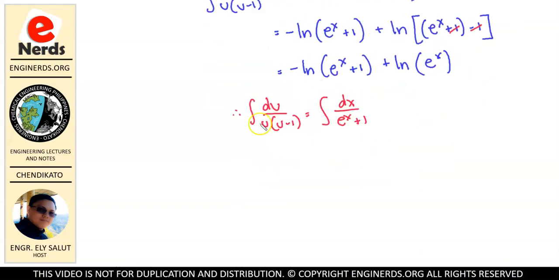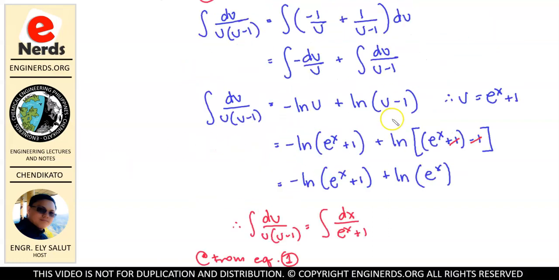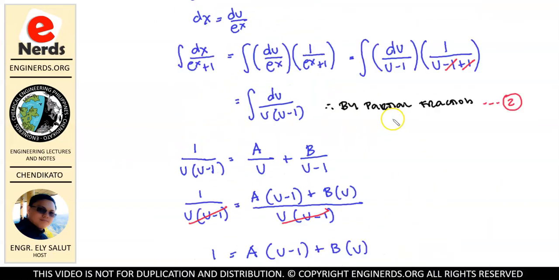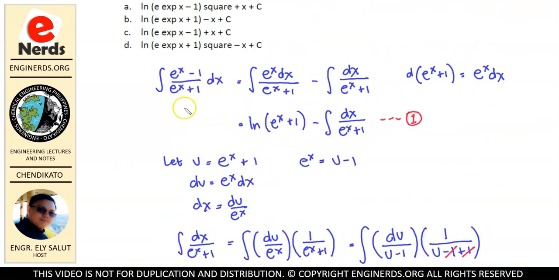So now we can go back to equation 1. Balik tayo sa equation number 1 natin, in which the integral of e to the x minus 1 over e to the x plus 1 dx is equal to ln e to the x plus 1 minus the integral of dx over e to the x plus 1.